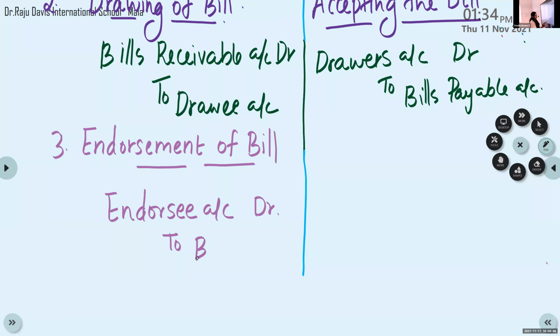Bills receivable you can write as B/R. This is the short form of bills receivable. And bills payable is B/P.